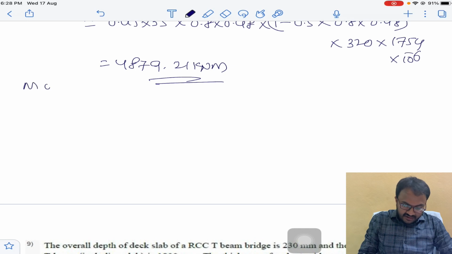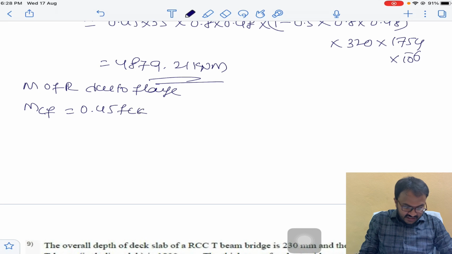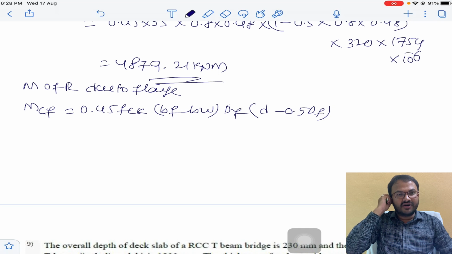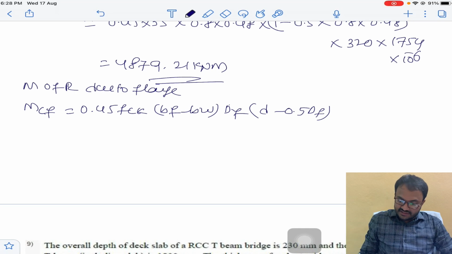Now, moment of resistance due to flange. So we will have one more formula. MUF is equal to 0.45 FCK, BF minus BW into DF, D minus 0.5 DF. These are all derived formulas, so you need to remember.